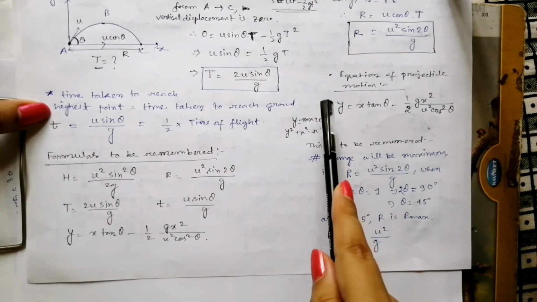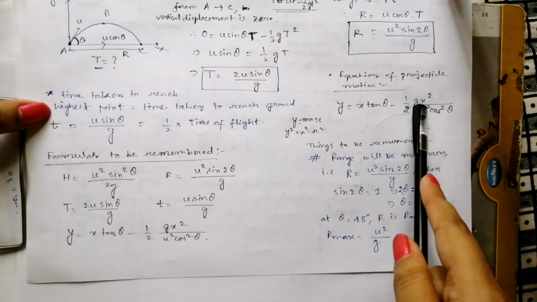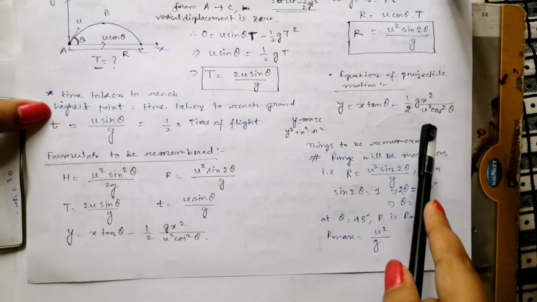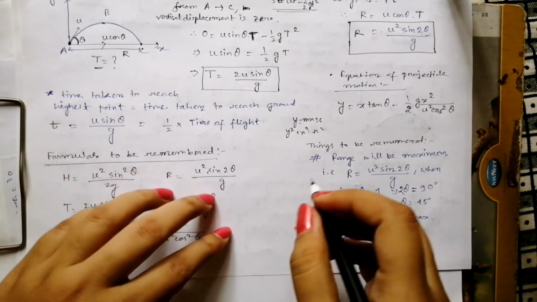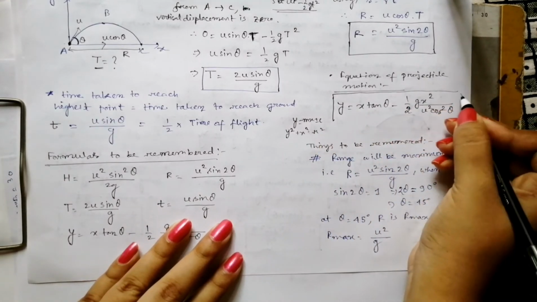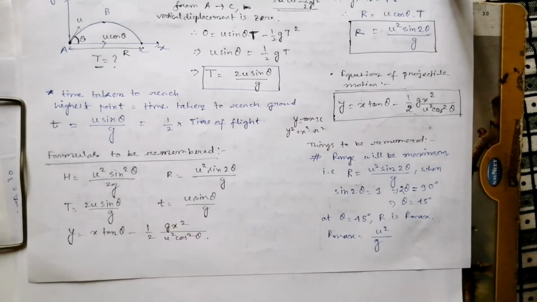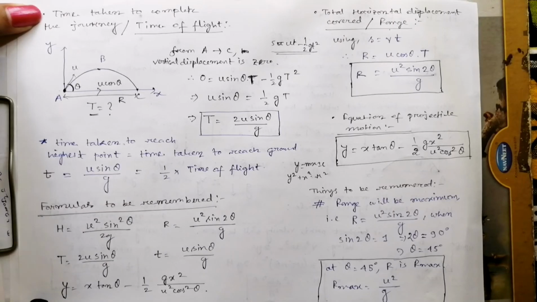So the projectile equation is y equal to x tan theta minus half g x square by u square cos square theta. You have to remember the entire formula. Here I have written all the formulas that you need to remember to do any kind of projectile motion problems.